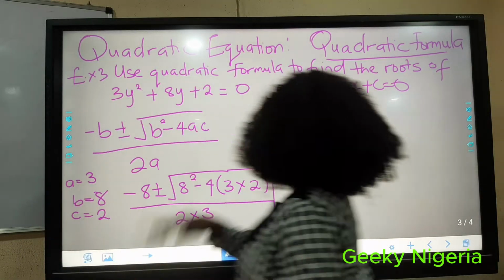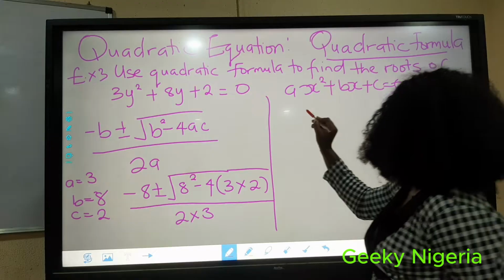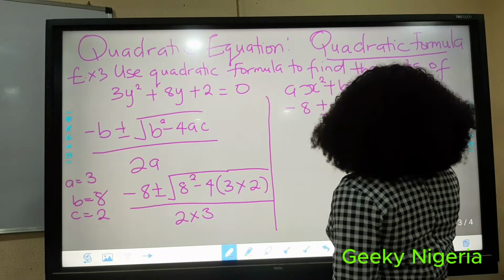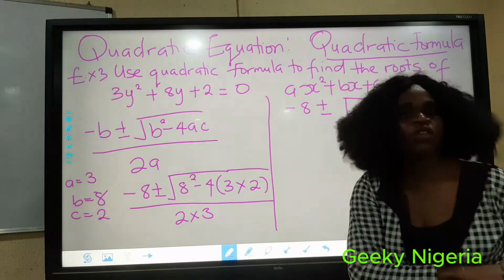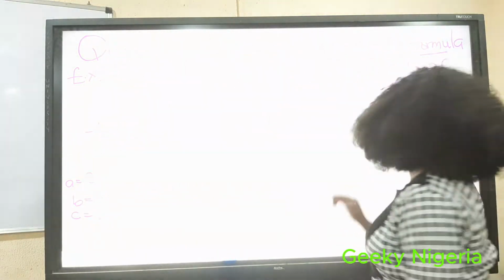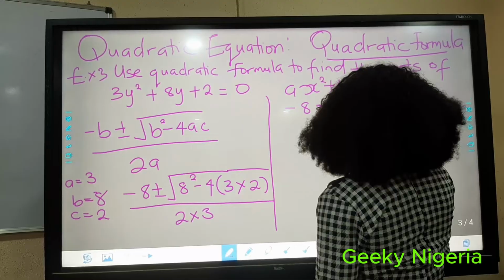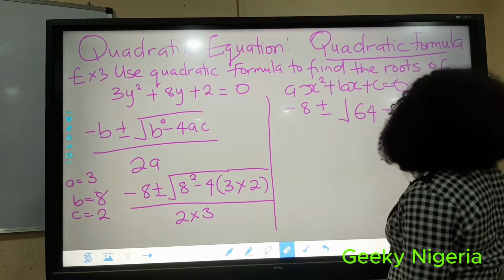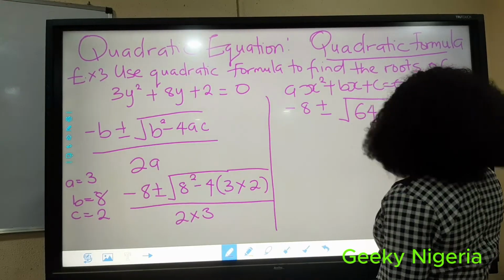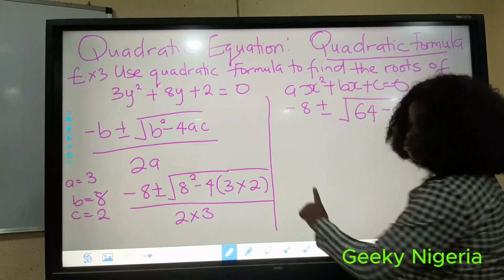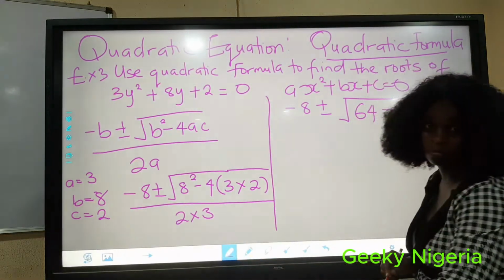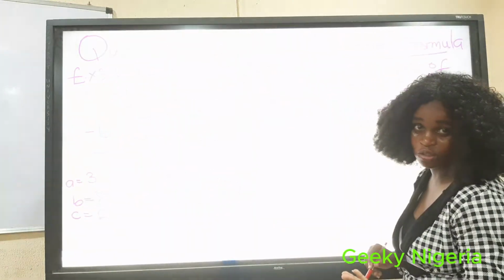So we now come here. We expand it further. So we have minus 8 plus or minus the square root of 8 squared, which is 64, minus open brackets, 3 times 2 is 6, 6 times 4, 24.